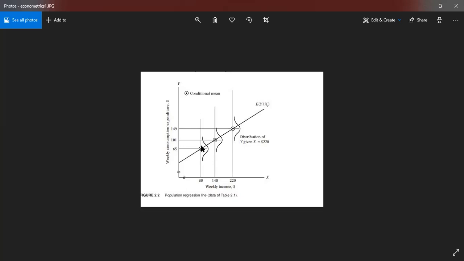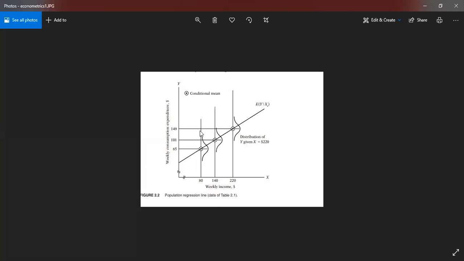What is the value of U at this point? Hello? It's 65. No, that is the value of Y. U is Y minus mean of Y. This is mean of Y. All the values on this line, the population regression line, is mean of Y. What is U?